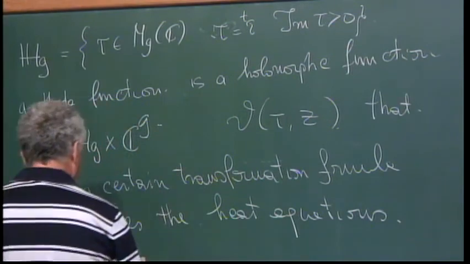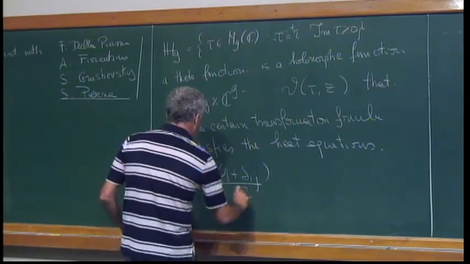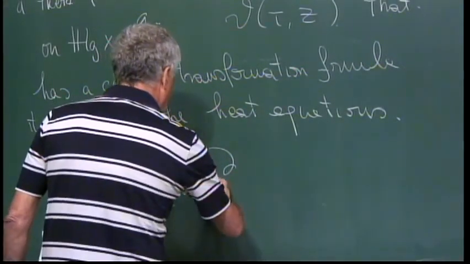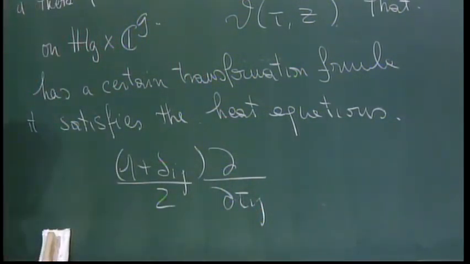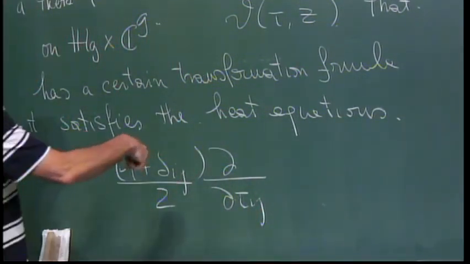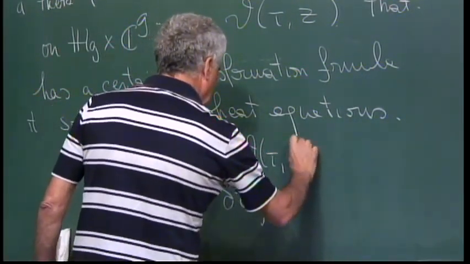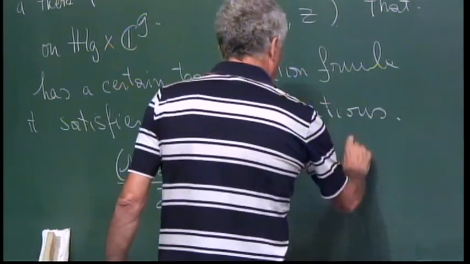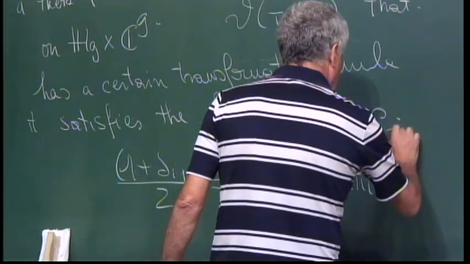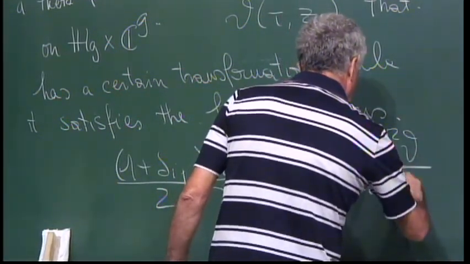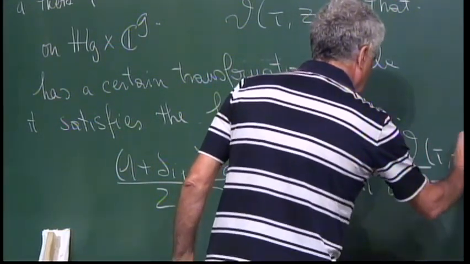This means essentially (1 plus delta_ij) divided by 2 of the derivative with respect to tau_ij, the element of the symmetric matrices, of theta of tau, z is equal to 1 over 4 pi i times the second derivative of theta with respect to z_i and z_j.